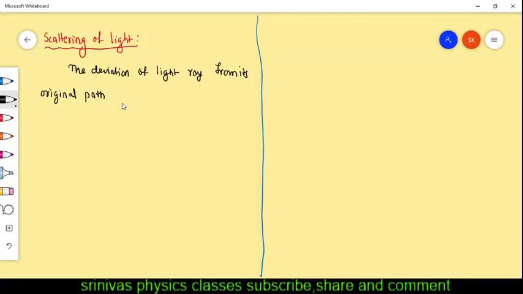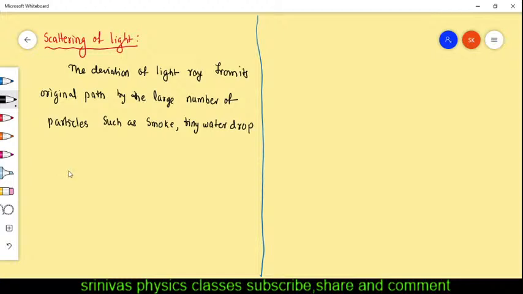The deviation of light ray from its original path by the large number of particles such as smoke, tiny water drops, water droplets.